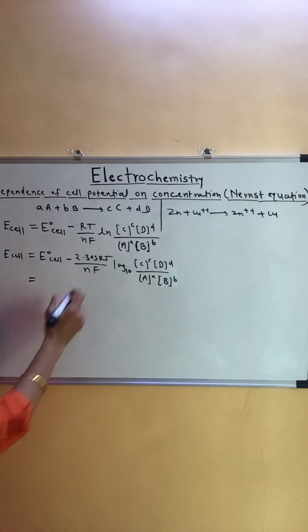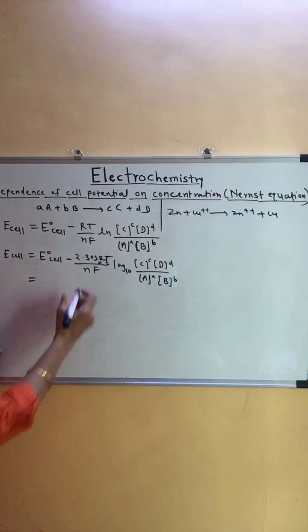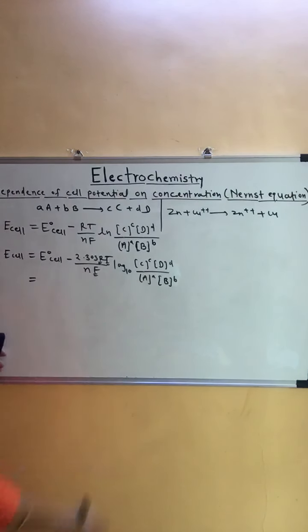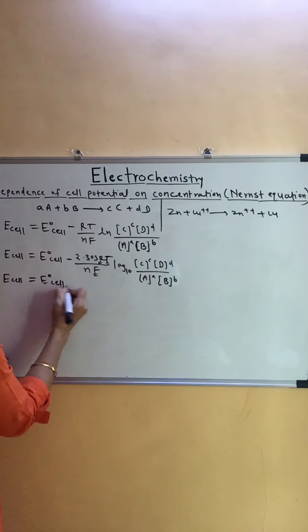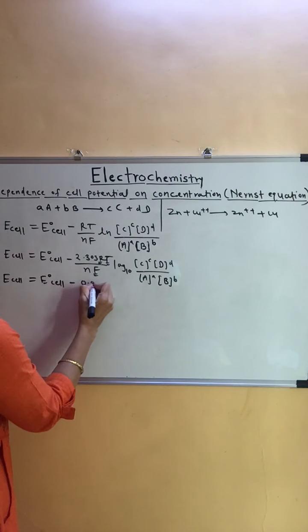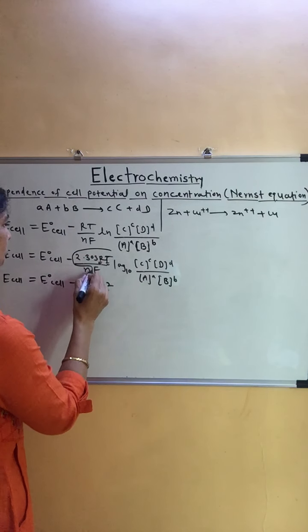So if you substitute that value of R, temperature as 25 degrees Celsius, and Faraday's constant's value, we will get the equation E cell is equal to E naught cell minus 0.0592 upon n. That means 2.303 into the value of R into the value of T upon the value of F.